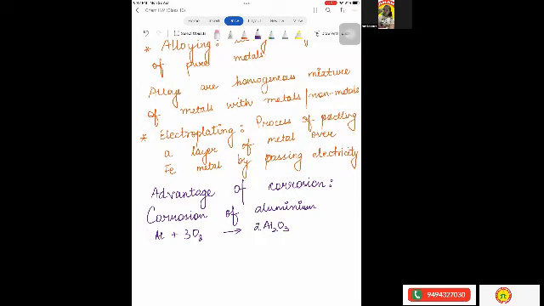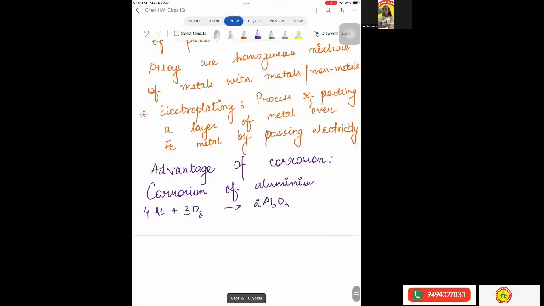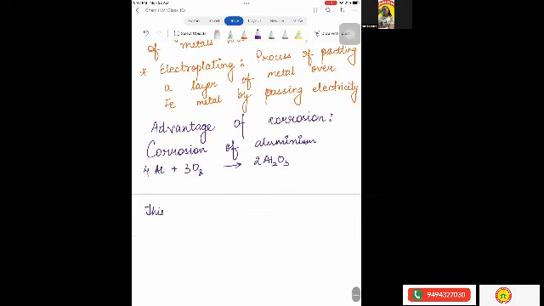This layer of aluminium oxide acts as a shield and prevents the metal underneath from further corrosion.